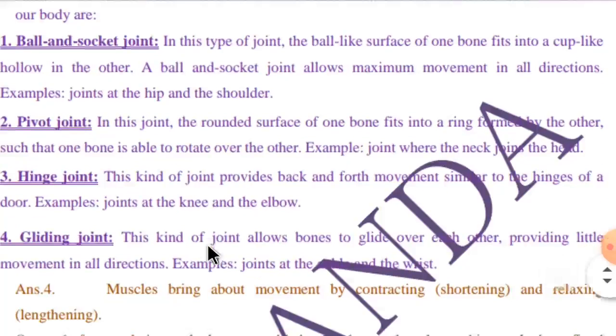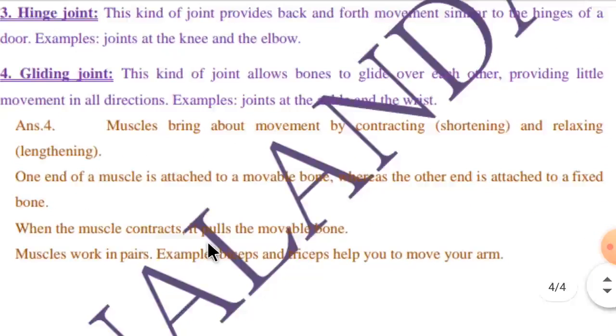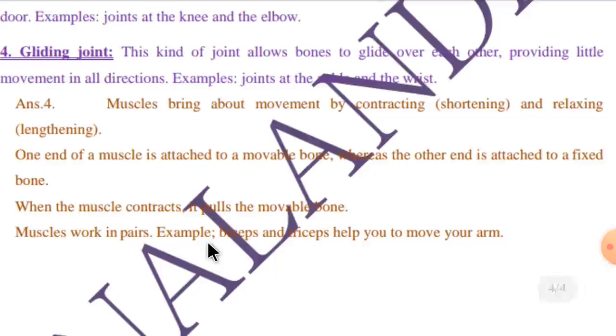Let's see the next question: how do muscles bring about movement? Explain with the help of an example. Muscles bring about movement by shortening and relaxing, meaning lengthening.